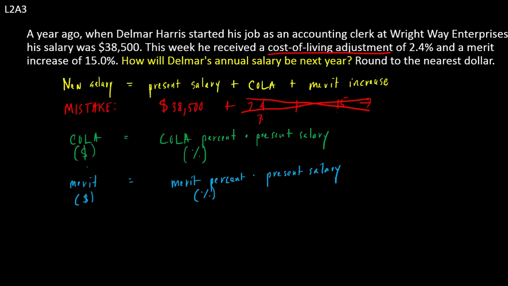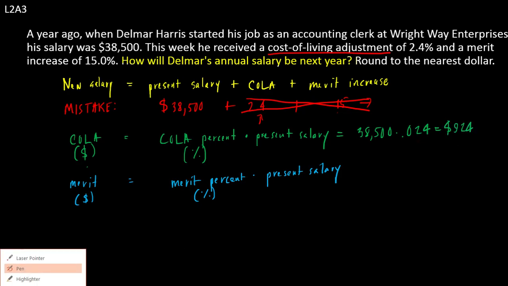Okay, so in this case, that would give me that my cost of living adjustment would be equal to my present salary of $38,500 multiplied by my cost of living adjustment percent, which is 2.4%, but of course I need to convert it to a decimal first. Okay, so 38,500 multiplied by 0.024 gives me a cost of living adjustment of $924.